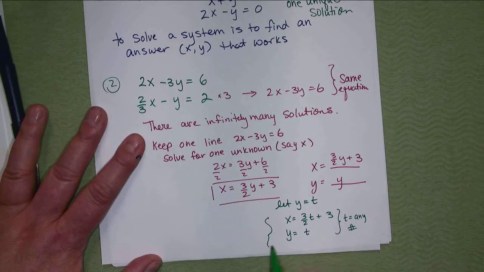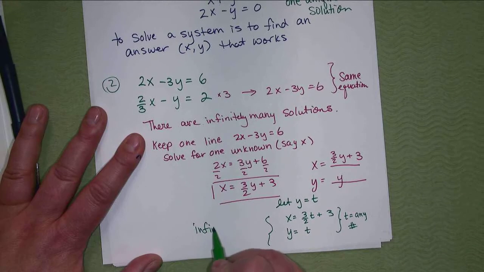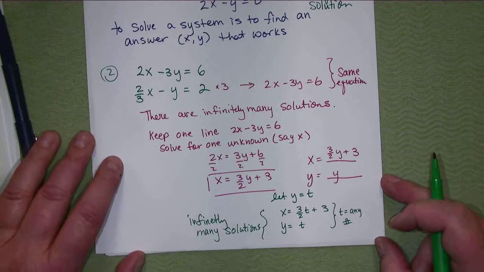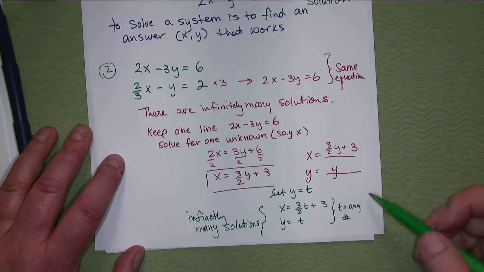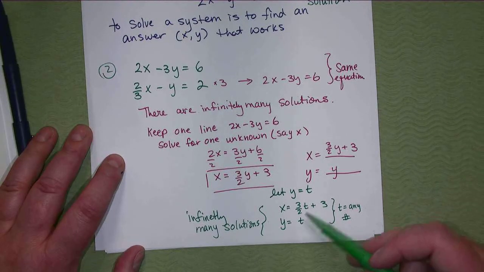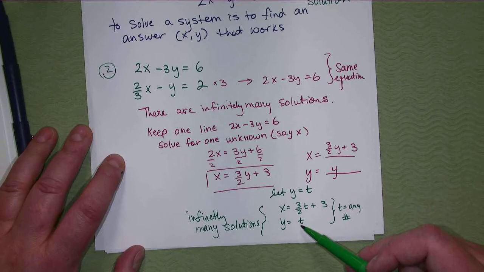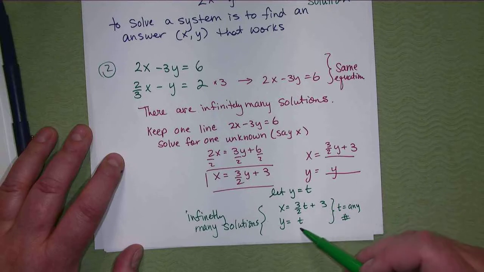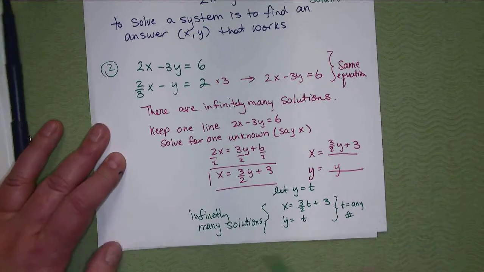This is the infinitely many solutions. And that's because they were the same line. So if you plug 0 in, what would we get? X would be 3, if you plug 0 in, and y would be 0. That's one solution that will work.